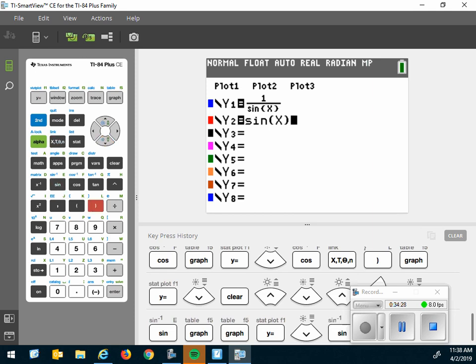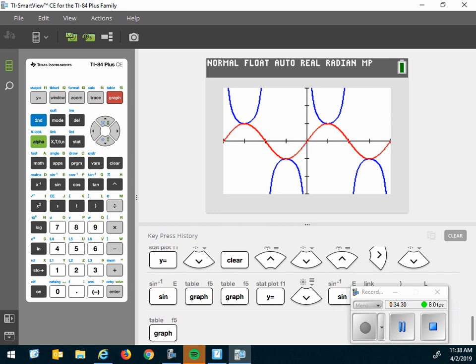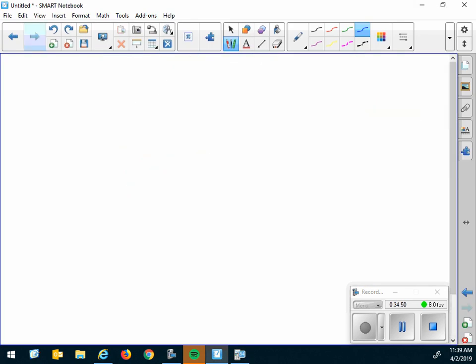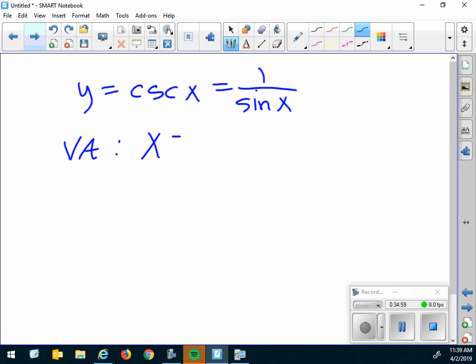Watch this. If you can graph sine, you can graph cosecant. Cosecant has zeros everywhere that sine is 0, right? So y equals cosecant x has vertical asymptotes.